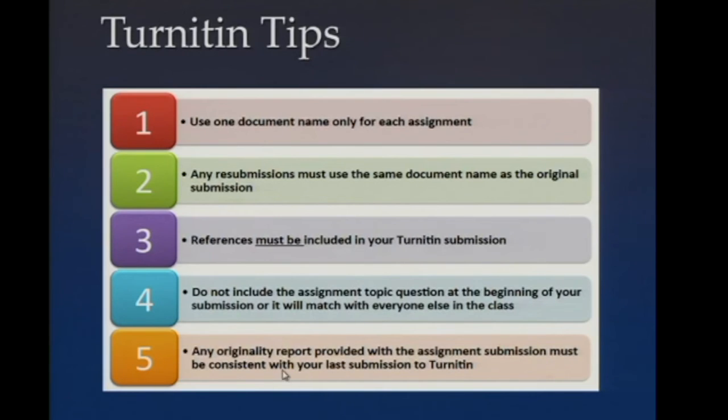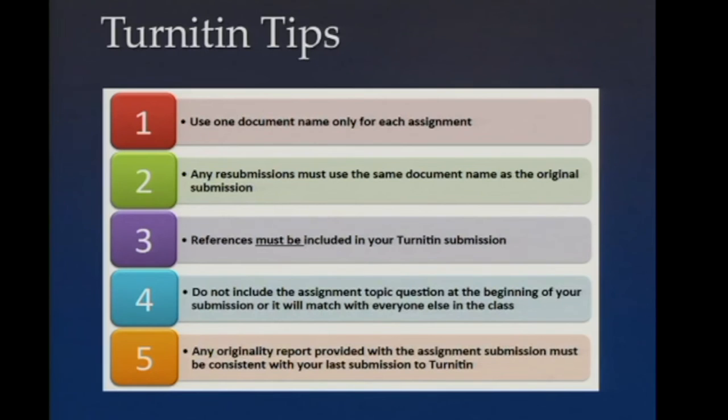So, for instance, the example I gave you before of the student that had 68%: she then resubmitted hers and it came back at 42%. I still had to look at it because that was still relatively high, and all she'd done was take some of those direct ones out but leave all these other ones, so she didn't really fix it up.